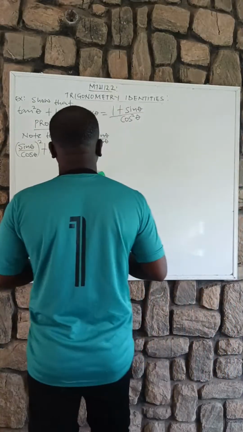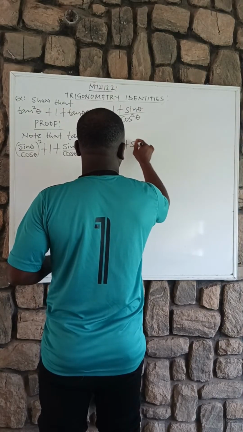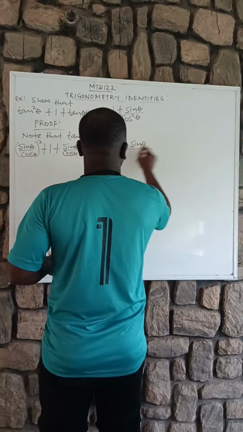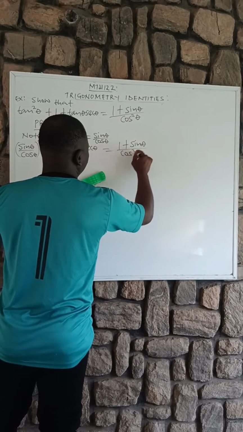So this is equal to the right hand side, 1 plus sine theta all over cos square theta.